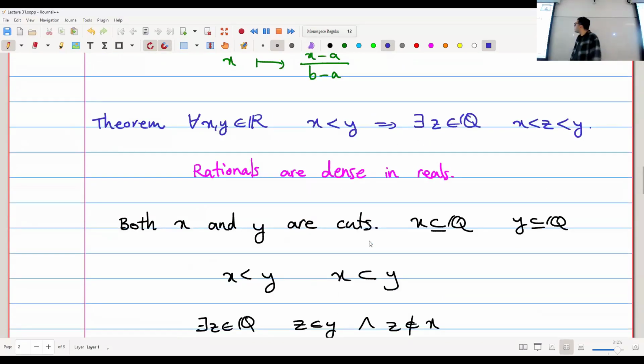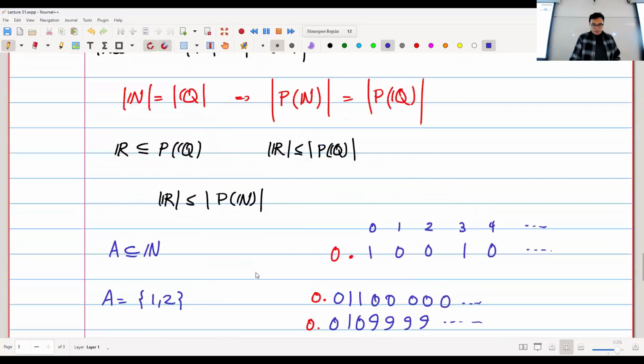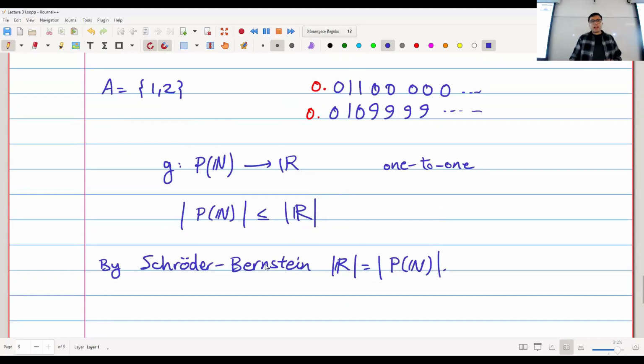And at this point, we've also seen Schroeder-Bernstein, which basically says that if A is smaller than B and B is smaller than A, then they're the same size. But then the next question is, if I give you two sets, can you always compare their size?